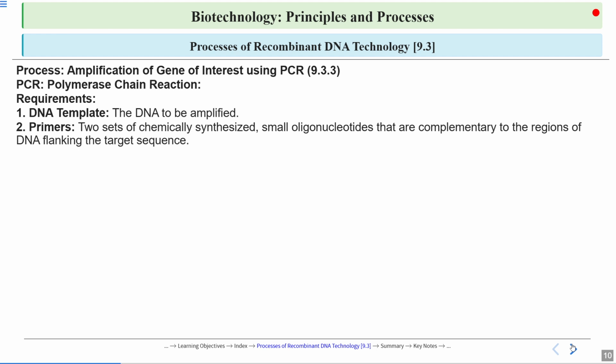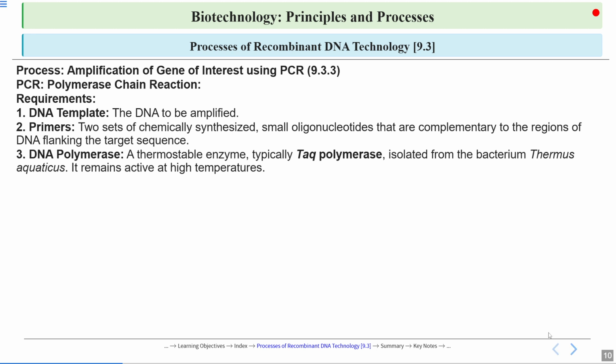Primers are two sets of chemically synthesized small oligonucleotides, meaning small structures of nucleotides, that are complementary to the regions of the DNA flanking the target sequence. In short, primers are small chemically synthesized short strands of nucleotides that are complementary to the region of the DNA that we want. You will understand it more when I show you this in picture form.